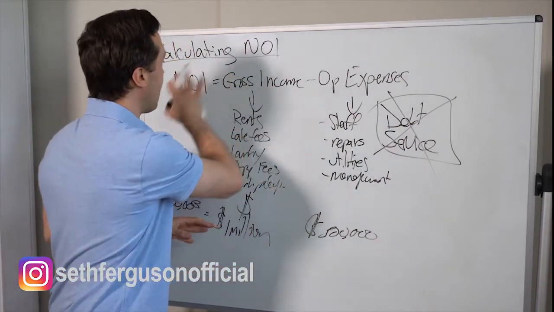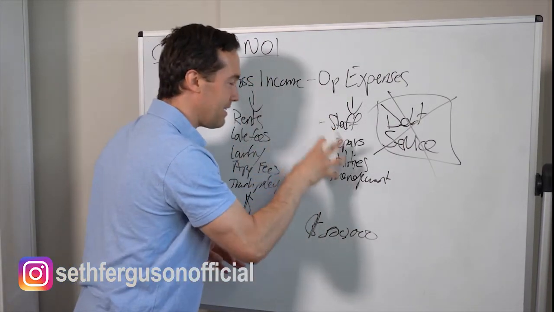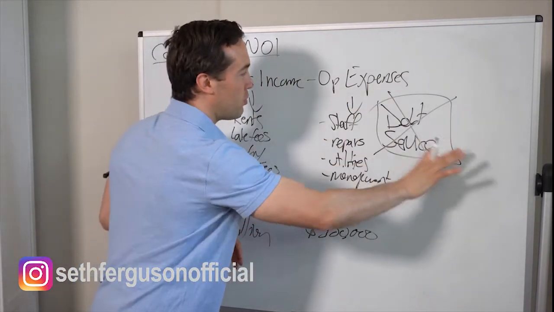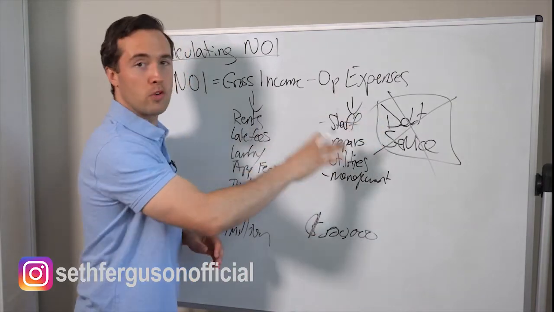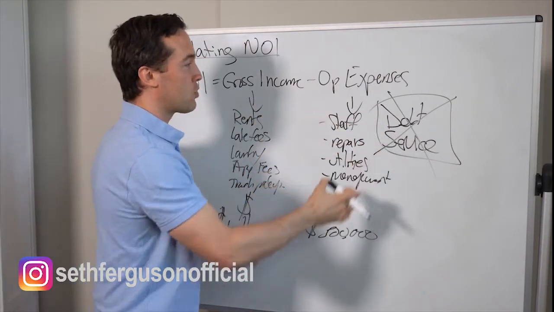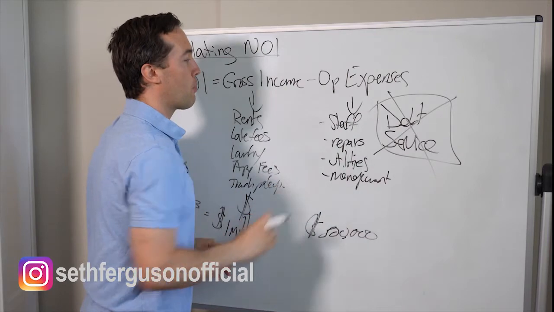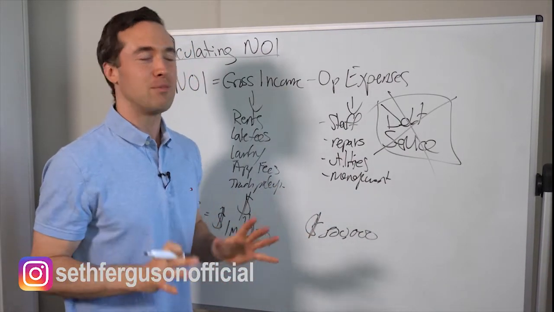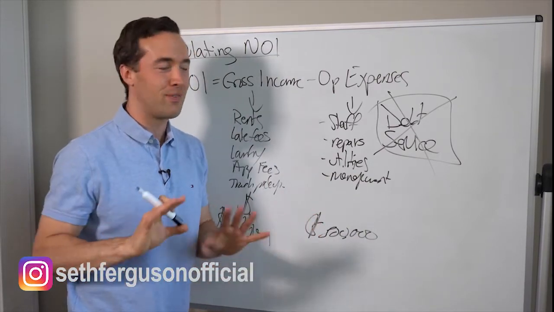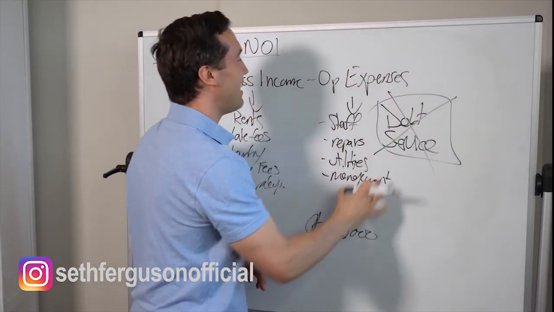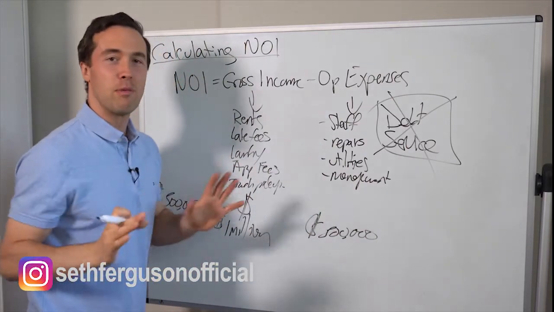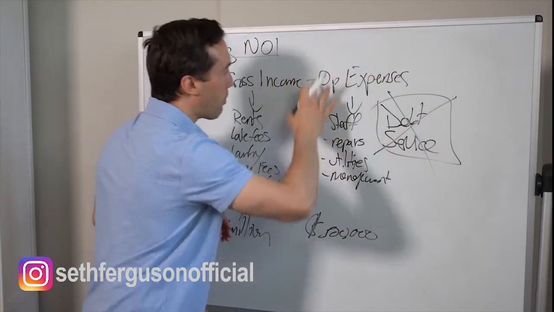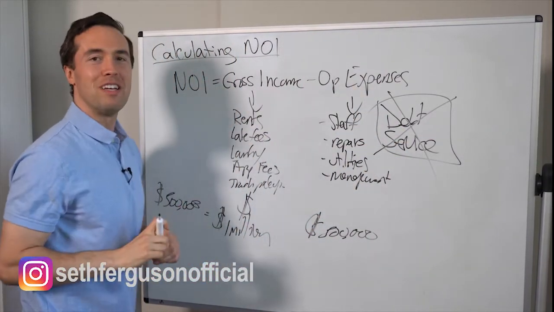We are using the NOI to assess the actual business of the real estate property. So we need to exclude the debt service because that is up to the owner's discretion. The owner makes that choice, and we do not include it in operating expenses, but that is a huge mistake I see people making all the time. So just remember, I'm going to say this again for like the fifth time, debt service is not included in operating expenses. So again, NOI is gross income minus operating expenses, and that gives us our net operating income.